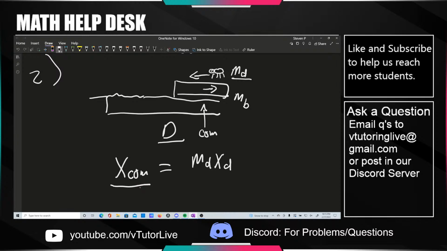Like x of center of mass measured relative to shore, x of dog relative to shore, and mass of the boat times the center of mass of the boat, which is x b, over m d plus m b. Let me just say a moment.